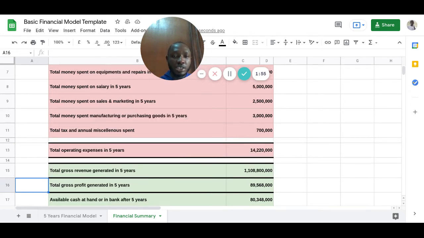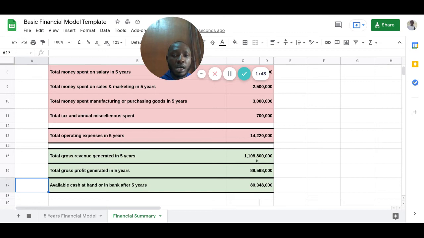Once you do that, it shows you your total expense. So this tells us that we need 14.2 million for us to stay alive for the next 5 years. If you have that, you are going to stay for the next 5 years. This shows us the total money we are going to generate as revenue, and this is the gross profit, and this is the cash at hand, the cash we are going to have at hand at the end of the day.